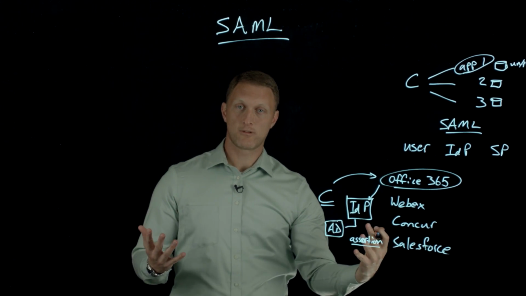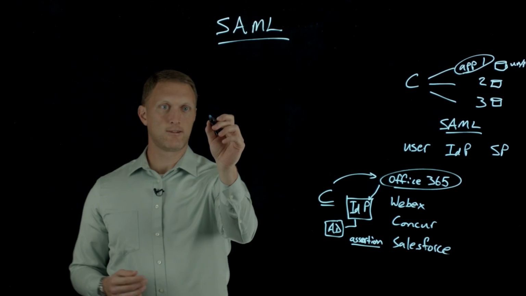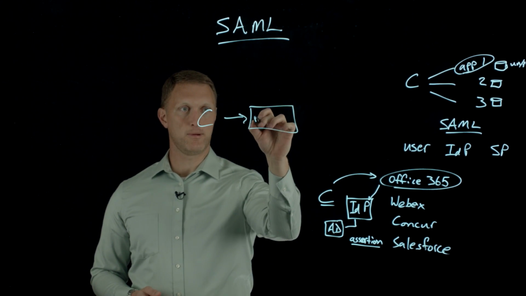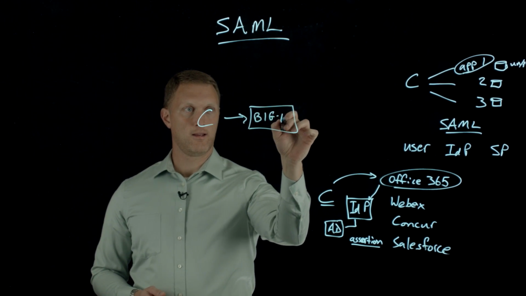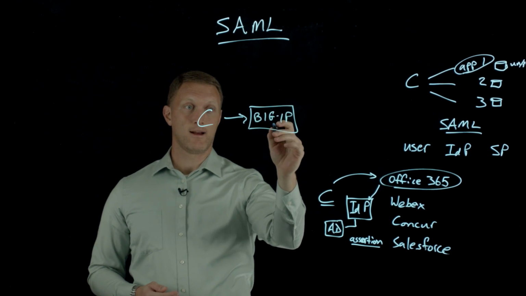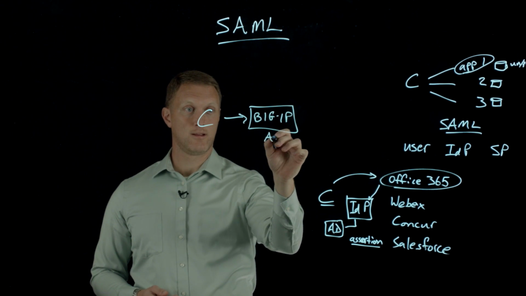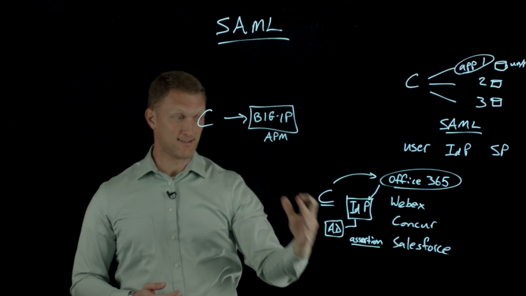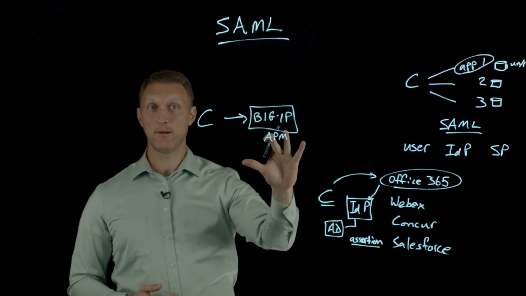The way that it all works with the BigIP is you've got a client that comes in, and I'll draw a BigIP right here. On the BigIP, you can load a module, APM, and APM is the thing that's going to take care of all this for you from a BigIP perspective.